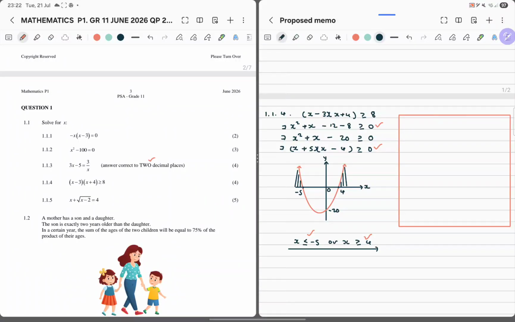So we take these factors x plus 5 and then x minus 4, and we place them in our table. So how we do it is like so.